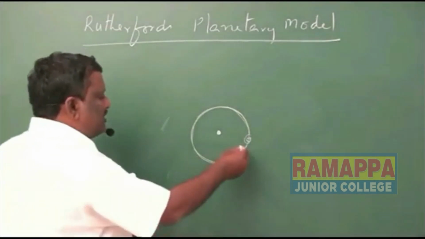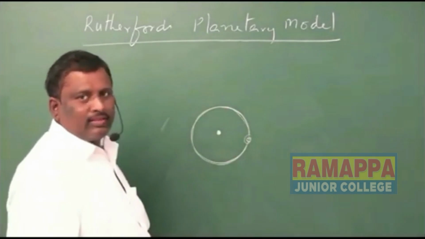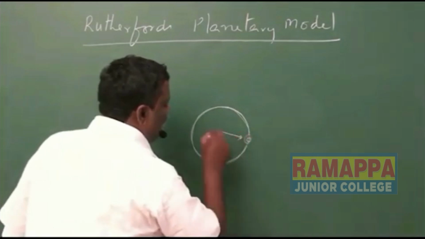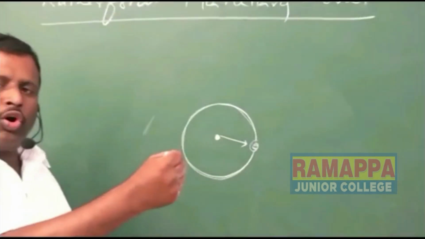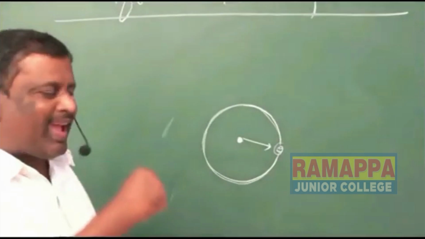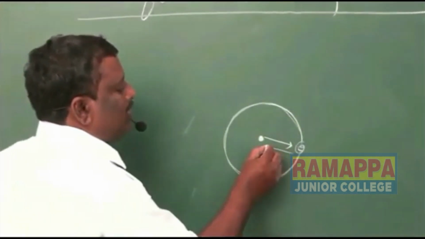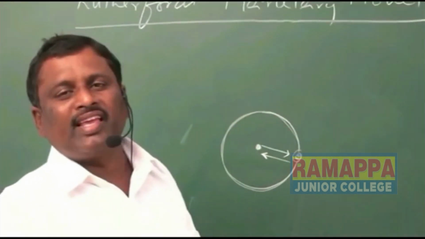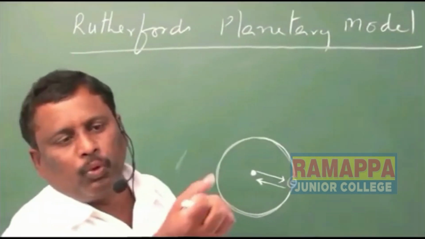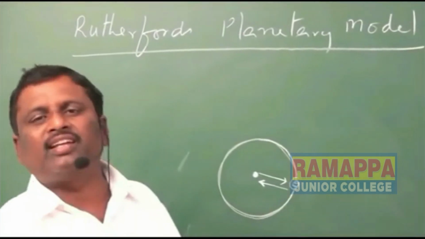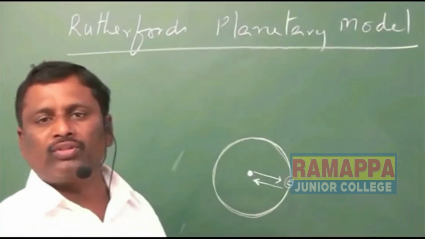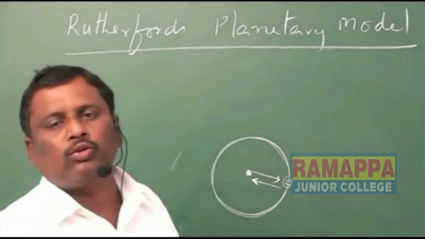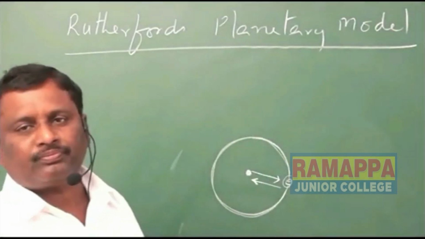So due to this revolution around the nucleus, a centrifugal force arises, and this force pushes the electron away from the nucleus, so that the electron escapes from the nuclear attraction, which is known as centripetal force. The force which pulls the object towards its center is said to be centripetal force, and the force which pushes the object away from its center is said to be centrifugal force.